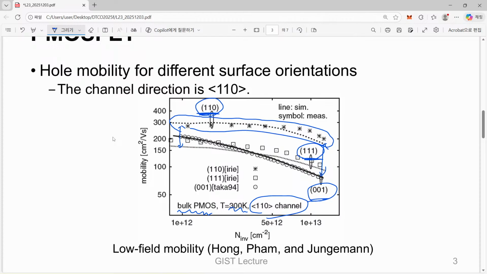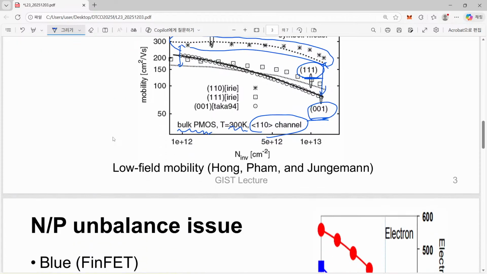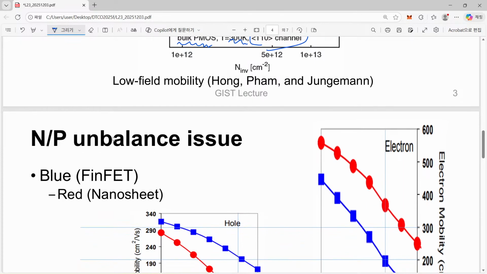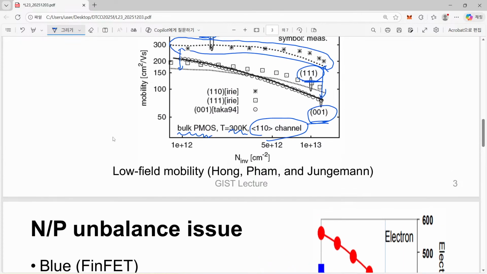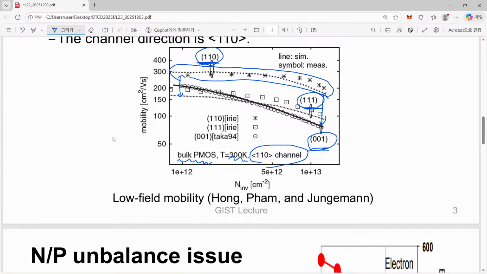Typically this 001 is the one used in our bulk MOSFET, planar MOSFET technology. So if we can change the surface direction to 110, then we will be very happy. Actually, that happened in our previous cases. The previous technology, FinFET, really achieved this desire.